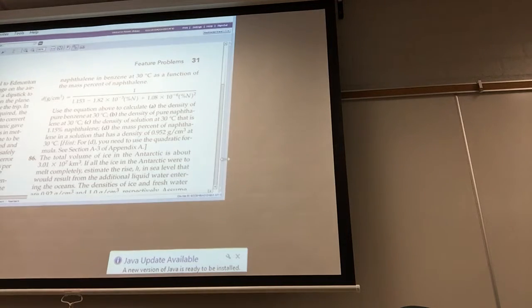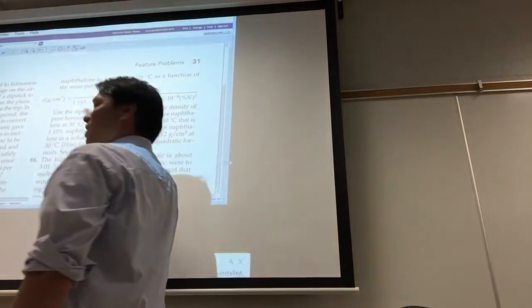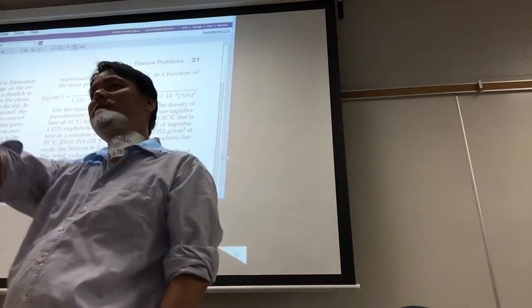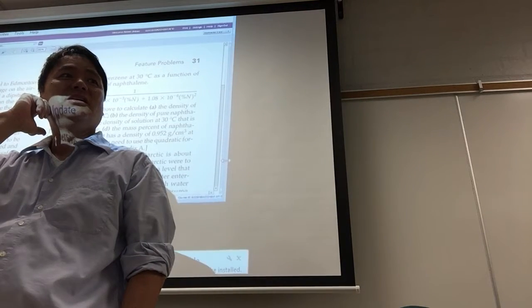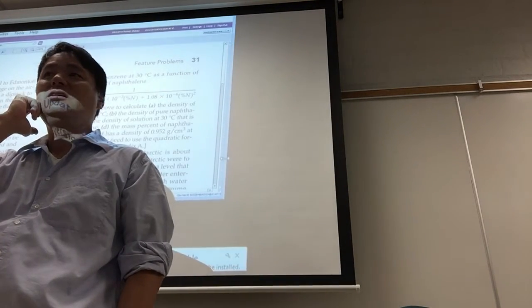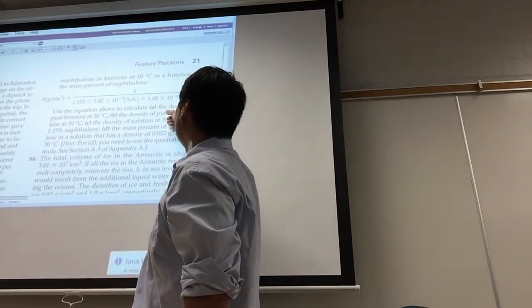And where should we start in trying to get a better fundamental understanding about this mixture? Where do you want to start in trying to understand why it has this mathematical relationship that describes the density of this mixture? It's dependent on the square of the percent naphthalene.